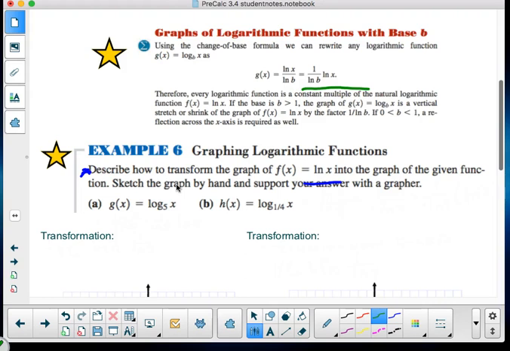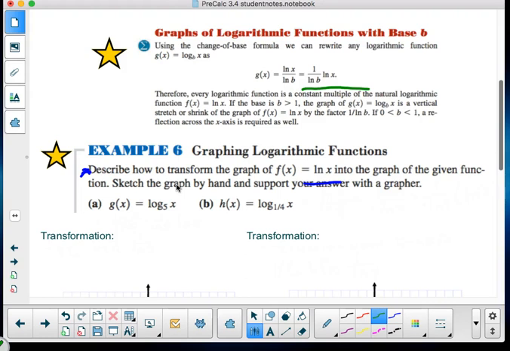So I've got the parent function natural log of x, and to get to that next one with that change of base, natural log of x would have to go under a vertical compression by a factor of 1 over the natural log of b to make this work. Therefore, every logarithmic function is a constant multiple of a natural logarithmic function.